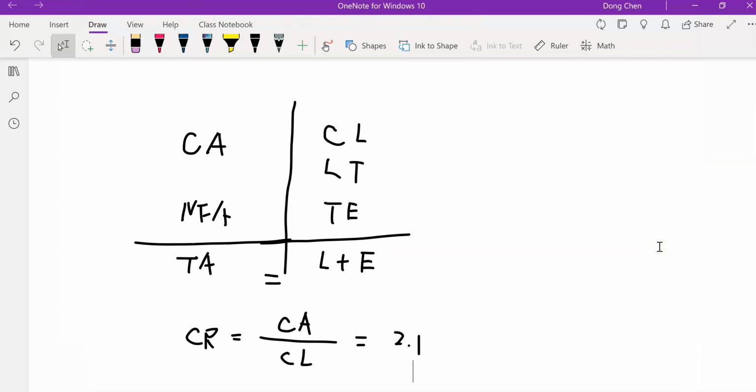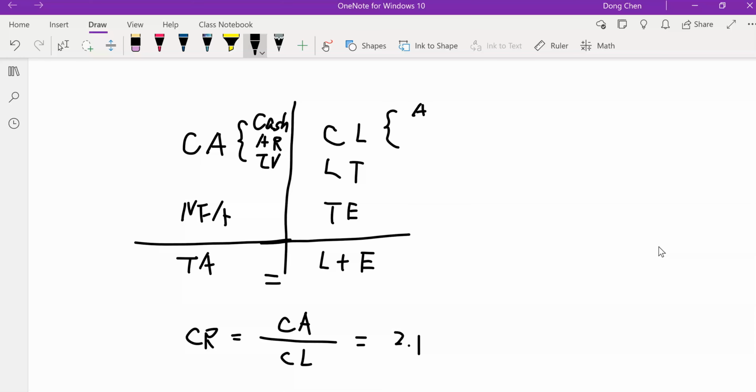Now let's go deeper than just current assets, because current assets further has some components. It could have cash, it could have accounts receivable, and it could have inventory. And the current liabilities also have different components.